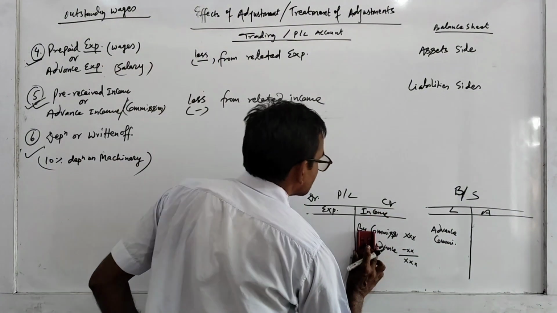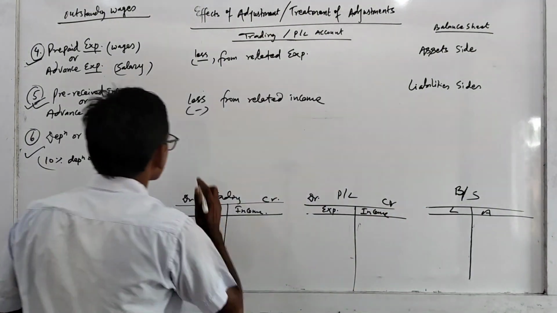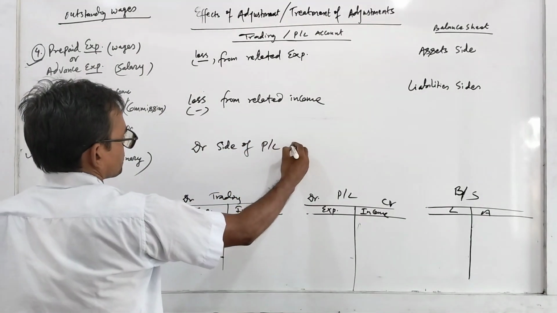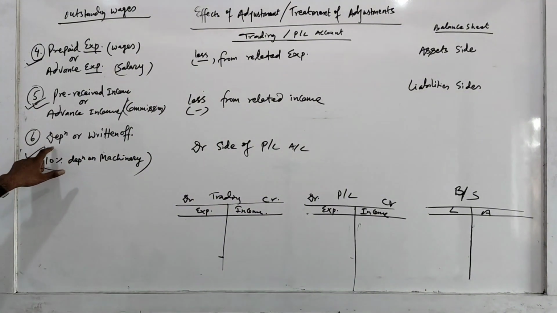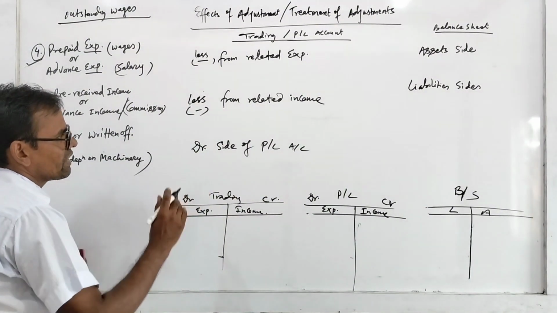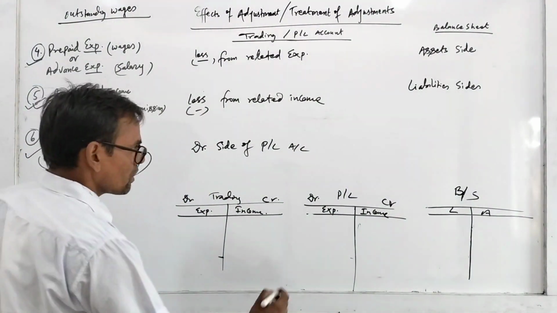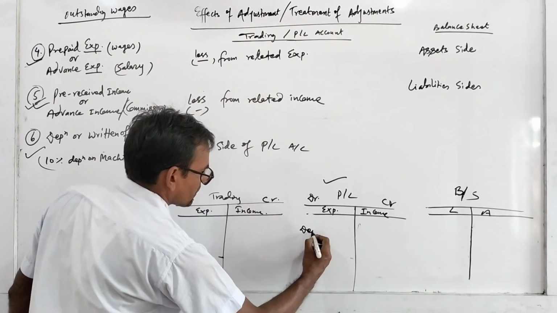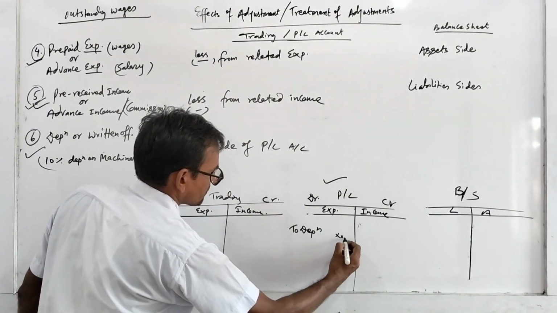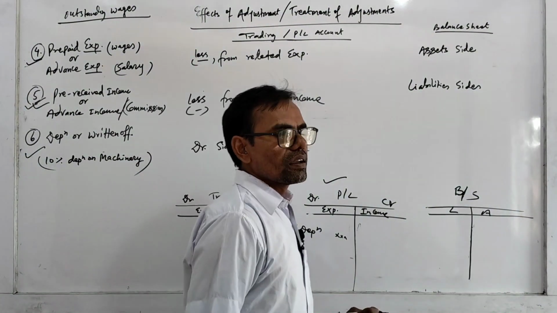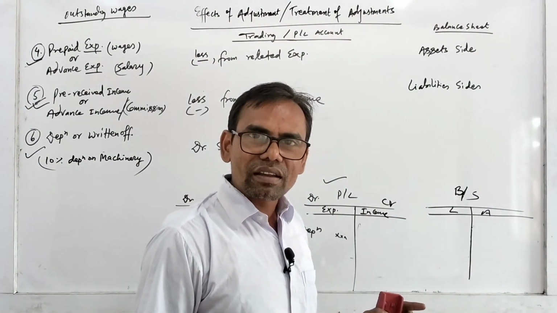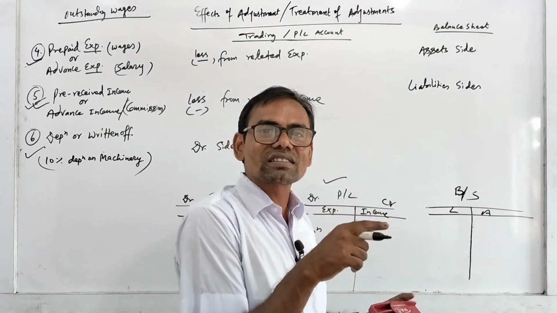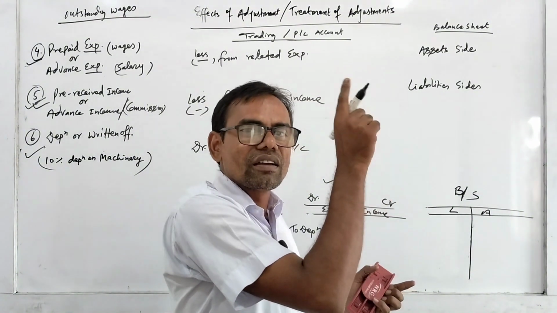Because depreciation is expenditure, it is recorded in debit side of PL account. Okay, depreciation should be recorded in debit side of PL account. Where is debit side? Here is debit side. So here you have to write depreciation. And because it is expenditure but not going to be paid cash, it deducts the related fixed assets.